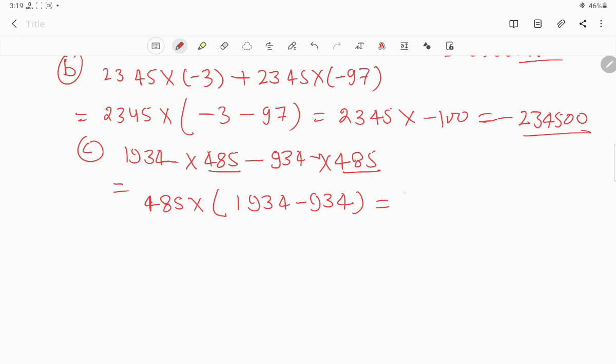So 485 into 1000. 1934 minus 934 remaining 1000, that is multiplied with 485, and that product is 485000. This is your answer.